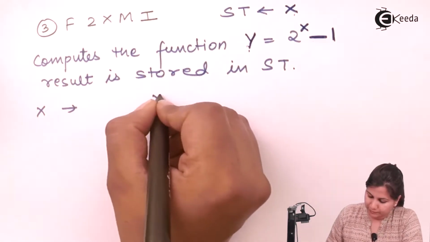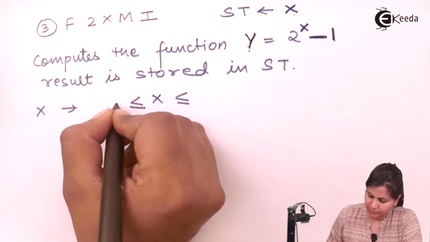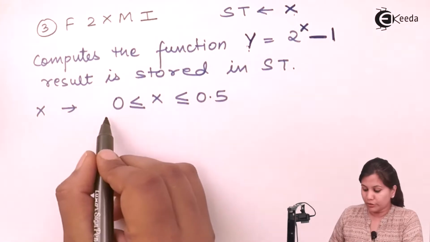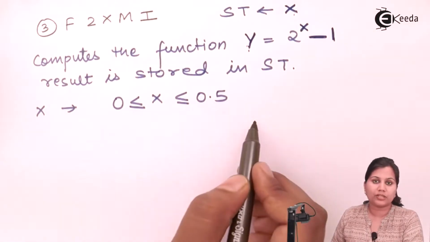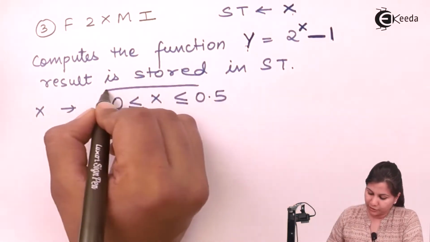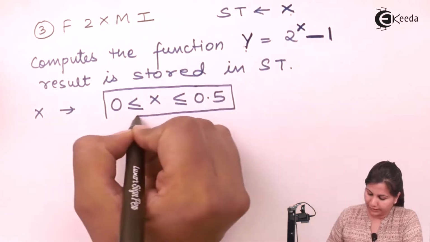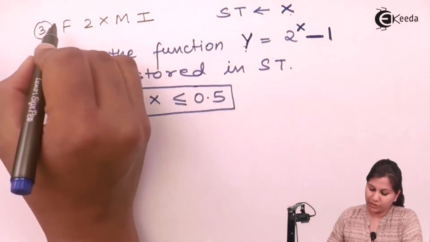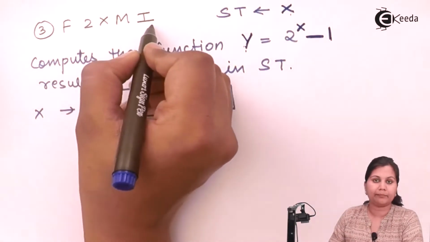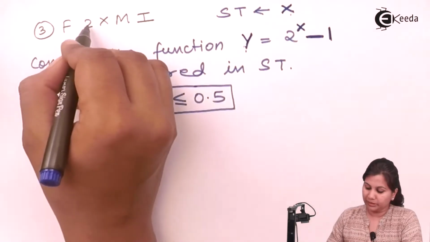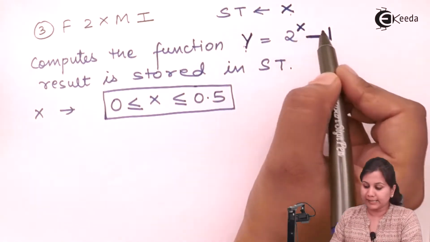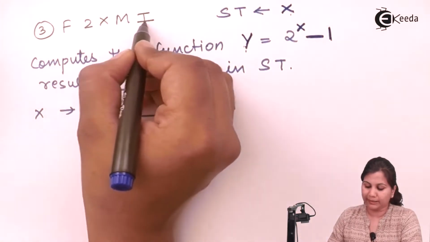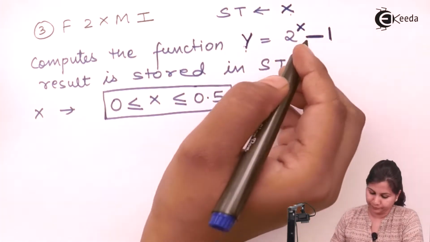Now this x must be in the range greater than or equal to 0 and less than or equal to 0.5. That is the range for the value of x. So this is the instruction F2XM1, that means 2 raised to the power x minus 1 is done here.